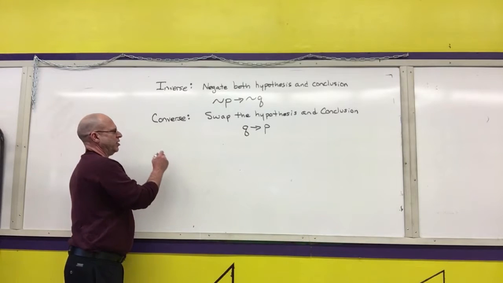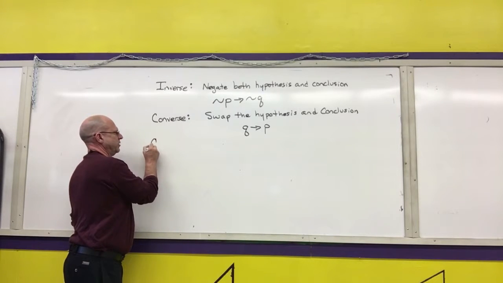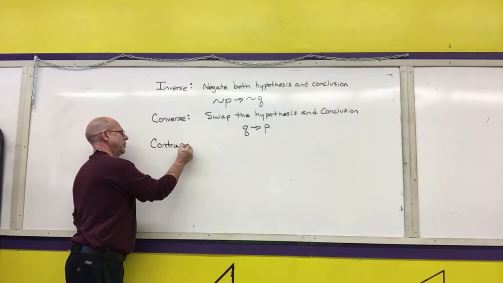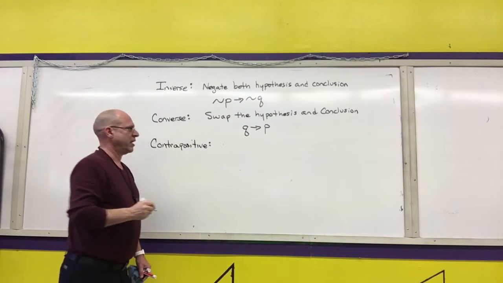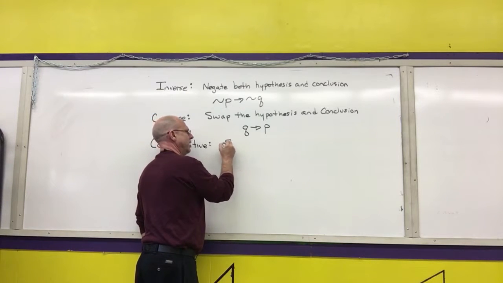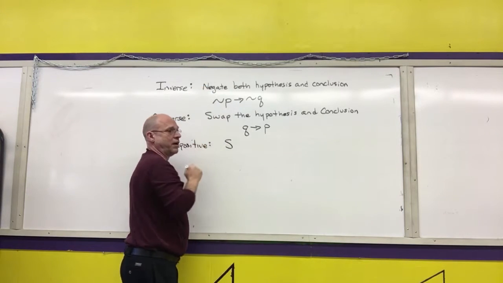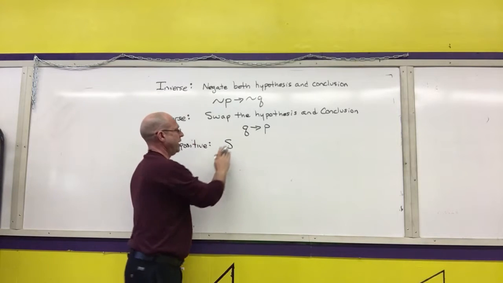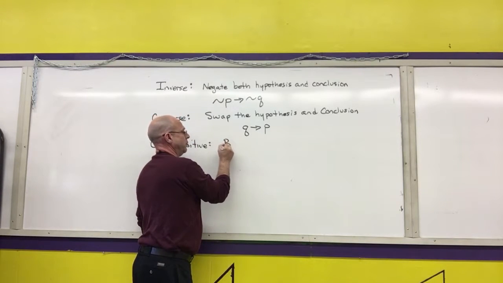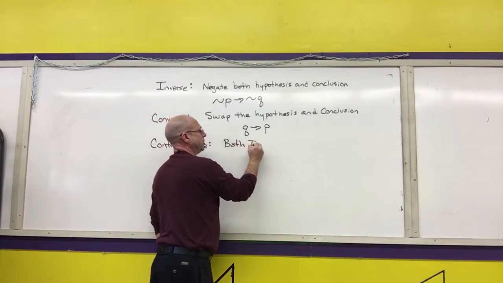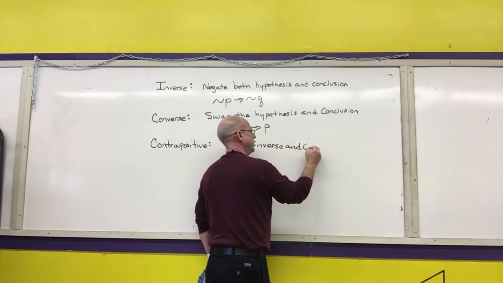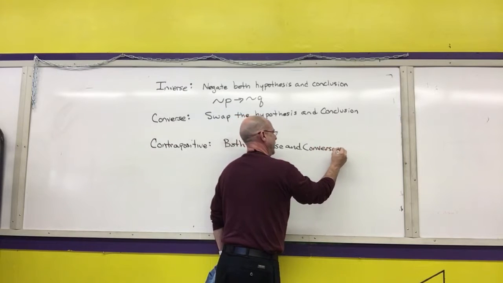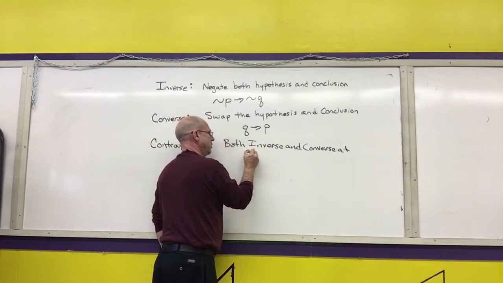The third thing I can do with conditional statements is write what is called the contrapositive. The contrapositive of a conditional statement is you do both the inverse and the converse at the same time. So I'll write it that way first. Both inverse and converse at same time.